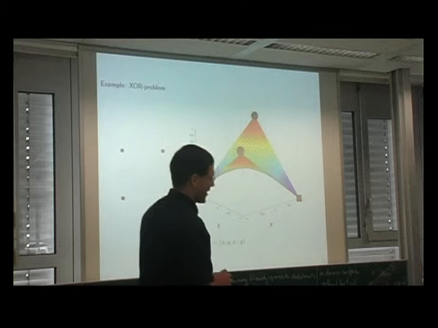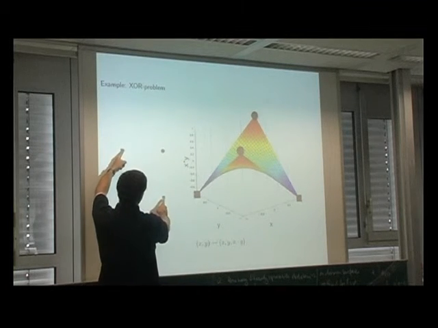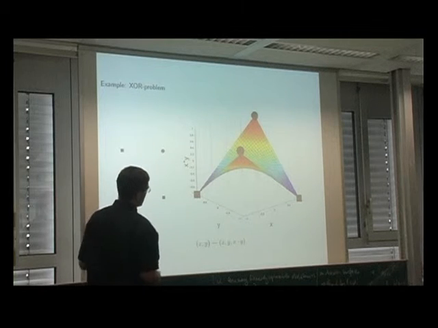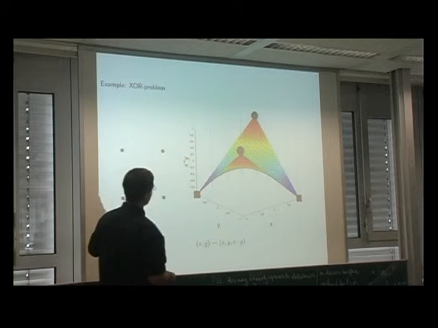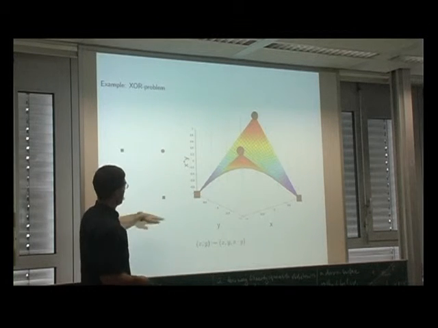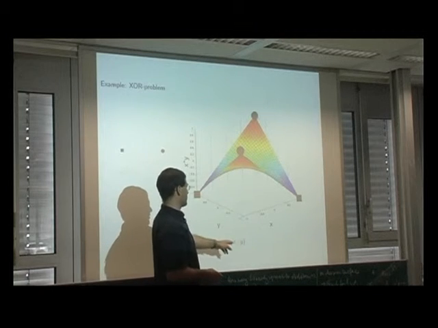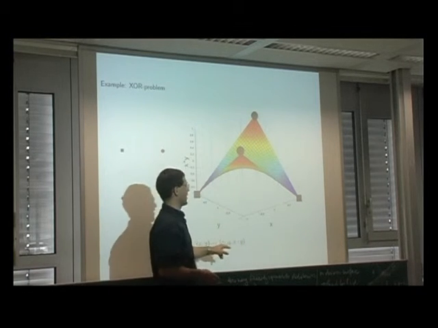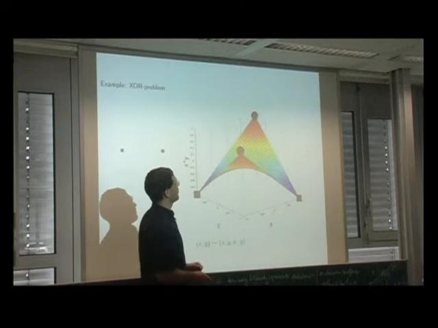I have another example here. Again, the XOR problem. We have points of class 1 and points of class 2. The original feature space was just x and y. I can now augment this feature space by a third dimension, x times y. And this is where the points end up.